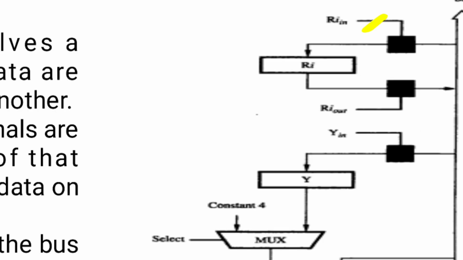Ri in is the control signal used to put the data into the register from the internal bus of the processor. This is Ri in, this is Ri out. The Ri out signal is required to take out the content from the register and put it on to the processor bus.